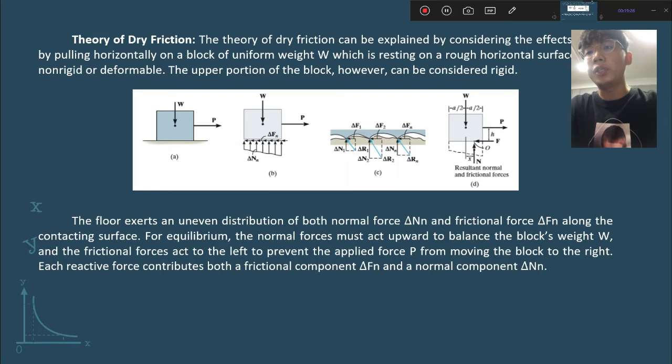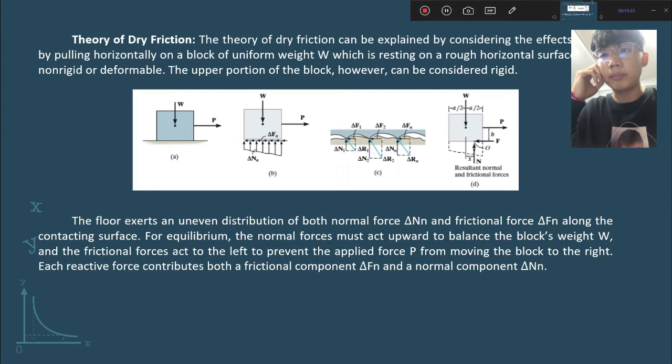As you can see in picture A below, the upper portion of the block, however, can be considered rigid. From the picture, we can see that the floor exerts an uneven distribution of both normal force, delta N, and frictional force, delta Fn, along the contacting surface.